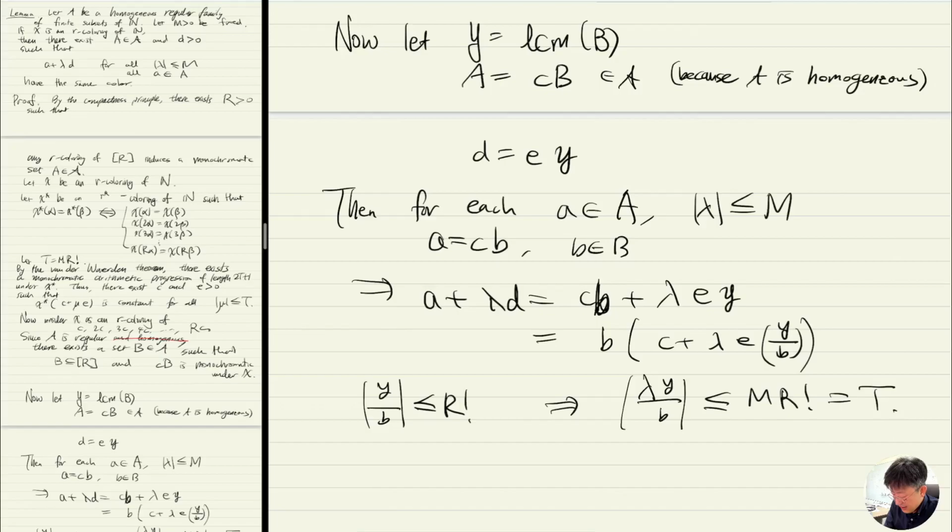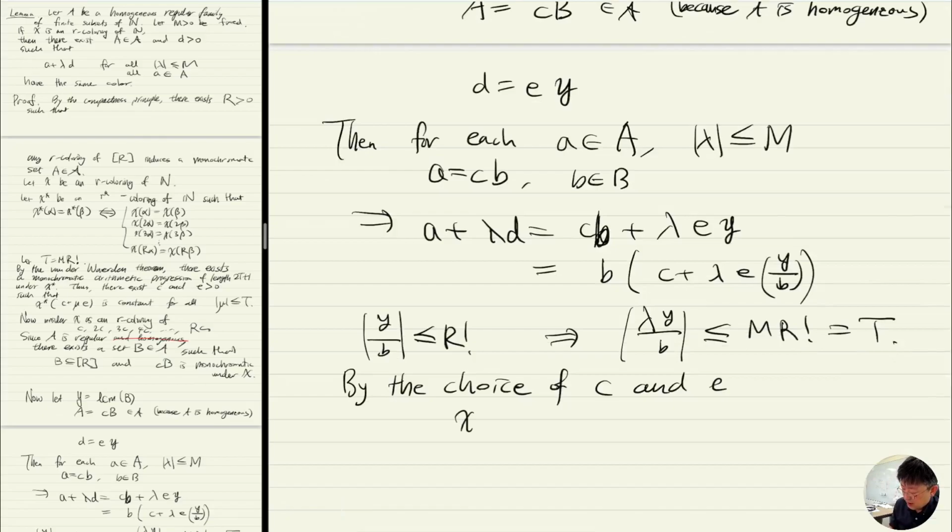Right? And therefore, by the choice of this c and e, chi star of c plus lambda e y over b is what?